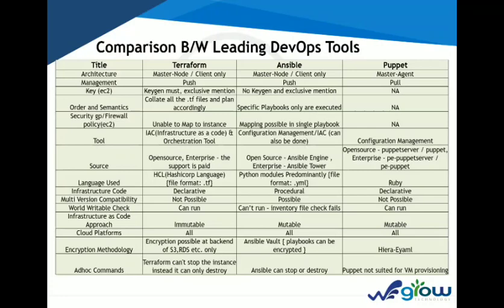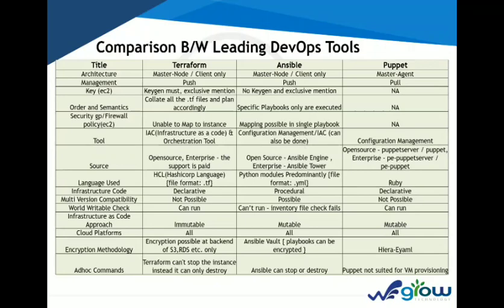But with Ansible, you can stop the instance, shut it down, and do whatever AWS provides for a particular instance. Puppet, as I told you, is not used for VM provisioning. So these are the major parts Terraform, Ansible, and Puppet get into.